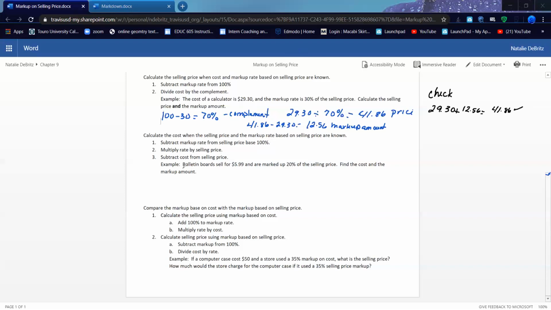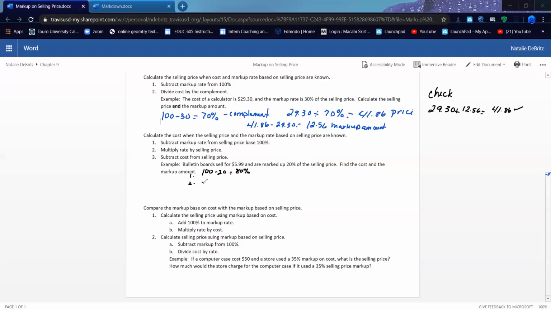So first I'm going to take the markup rate and I'm going to subtract it from 100%. So that's going to, again, find the complement. So 100 minus 20 is going to give me 80%. This was step 1. Step 2, I'm going to multiply the rate by the selling price.